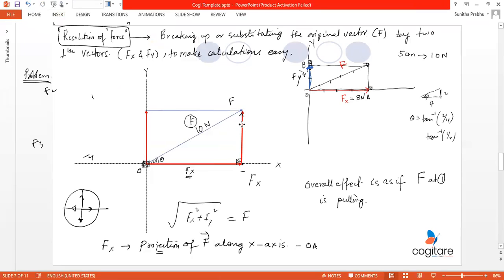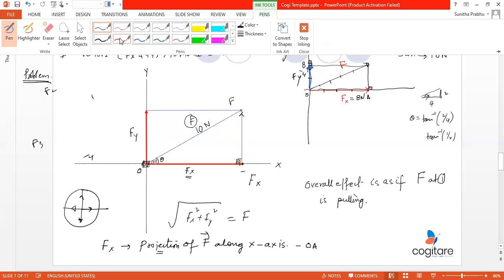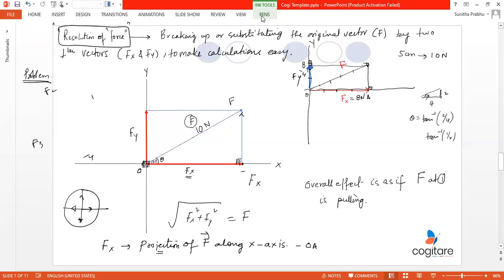I just showed this for using the Pythagoras theorem. Basically, now this F has been resolved into Fx and Fy. Once the resolution is over, I can forget about F because I have taken care of this. Now this is not required. Do you guys follow what I did? Yes, sir.